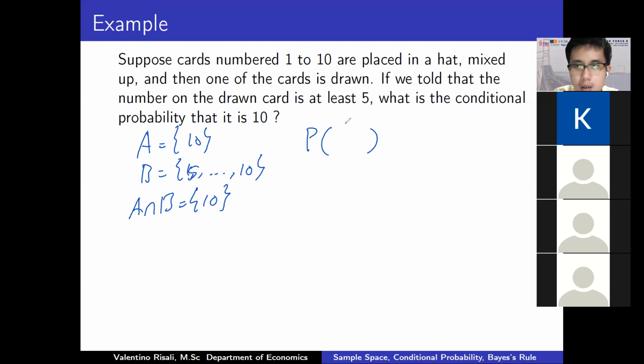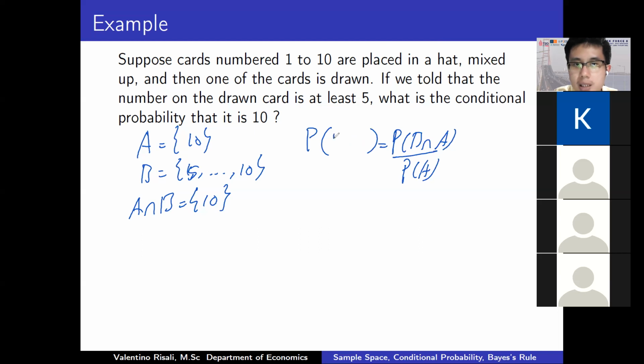And the question is, the given is B, right? Given that the card is at least 5. Sorry.